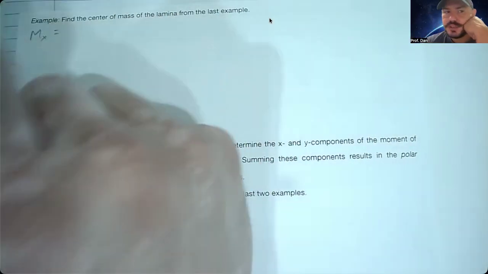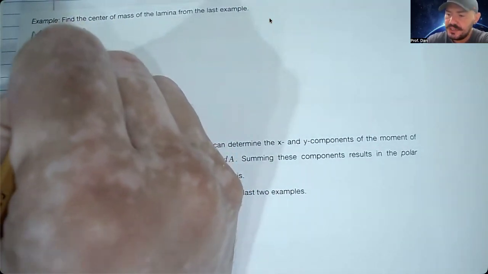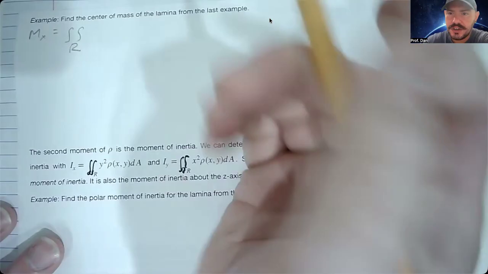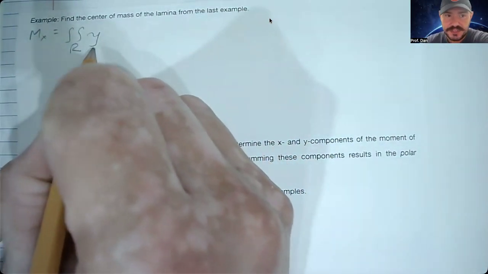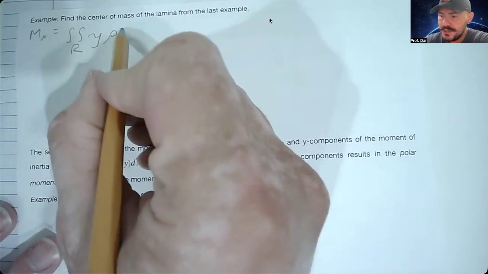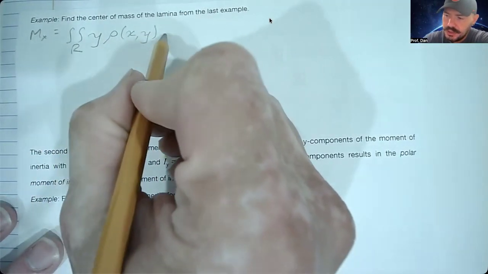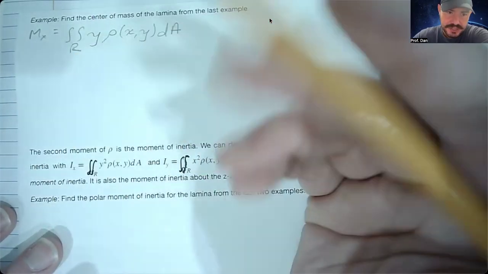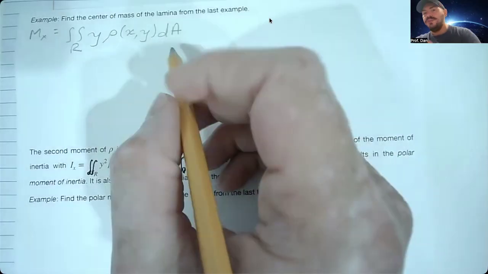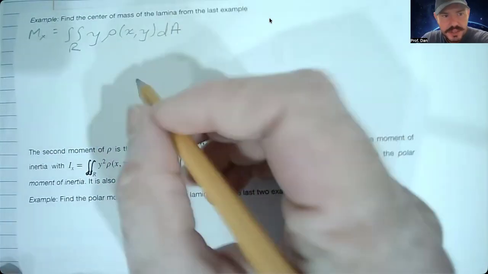So to find the moment along the x-axis, we would take our double integral over the region R of y, remember that's the distance from the x-axis, times the density function rho. And dA, because the way that we set the bounds up is going to dictate how we write out our dy dx or dx dy, right?